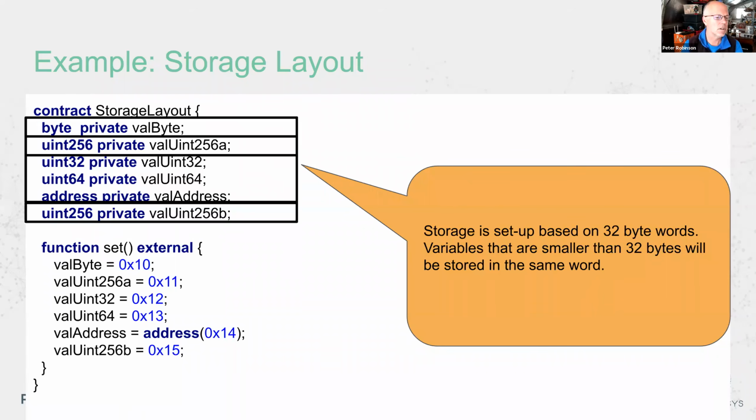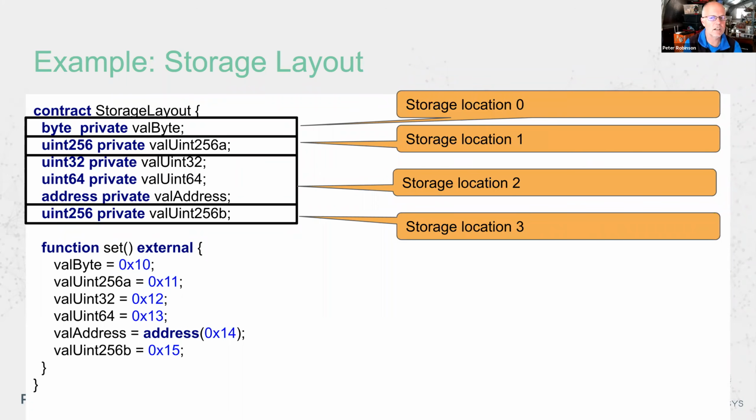And so you end up with something like this, where the byte is stored by itself in storage location 0, and then you've got a whole word in storage location 1, and then storage location 2 and then 3. Because they perfectly match the right size, the uint32, 64 and address are all pushed in together.